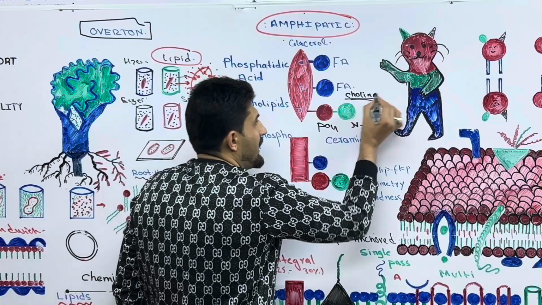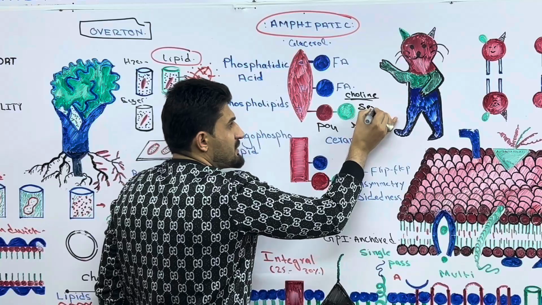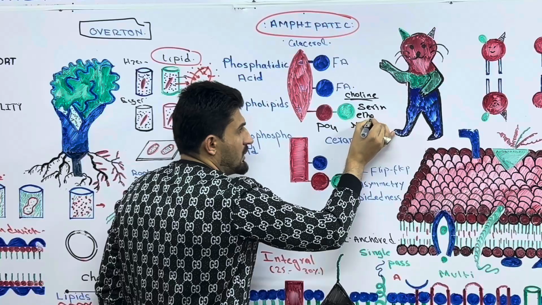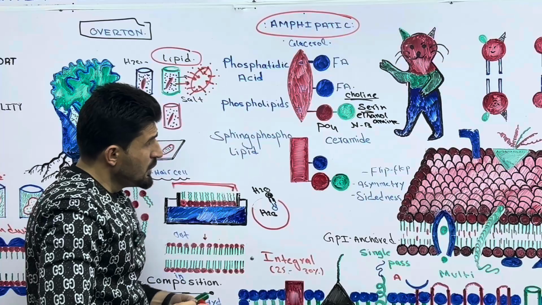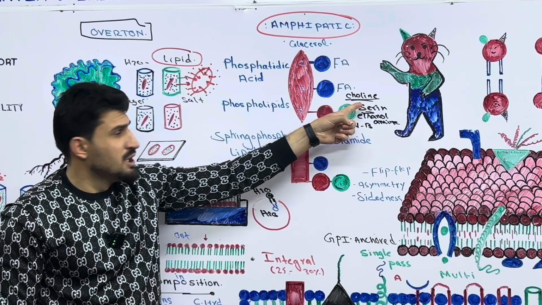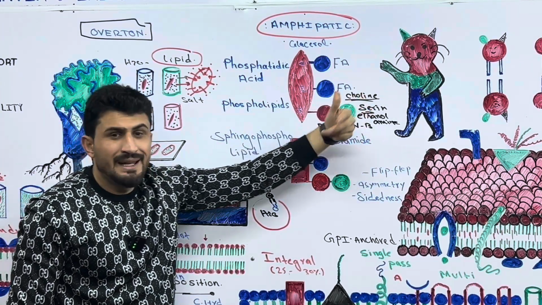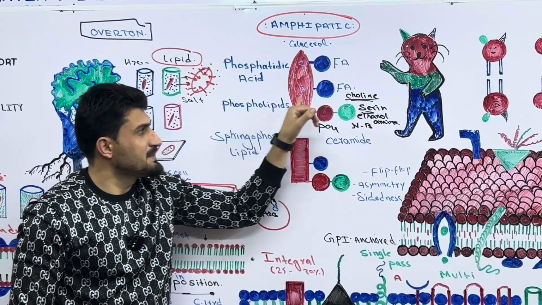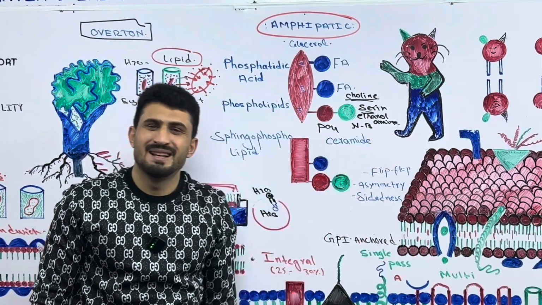For example, we have choline, serine, and ethanolamine. When we add these different nitrogenous bases, the names change. They're called phosphatidyl choline, phosphatidyl serine, phosphatidyl ethanolamine, and so on.